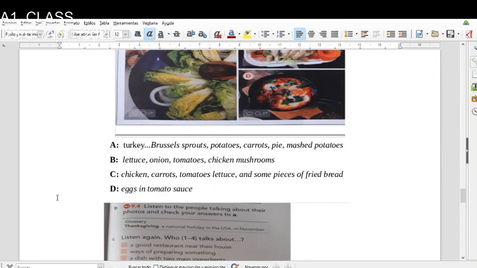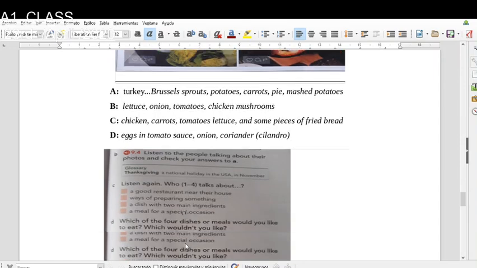And what else? Onion, yeah, I can see some onion, and coriander, yeah, cilantro, they are herbs, very important, in the picture.